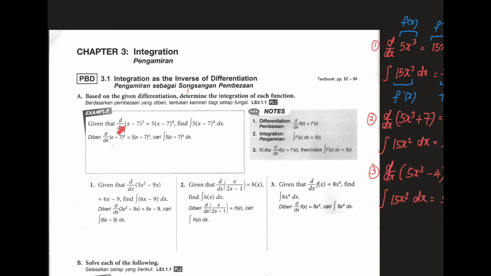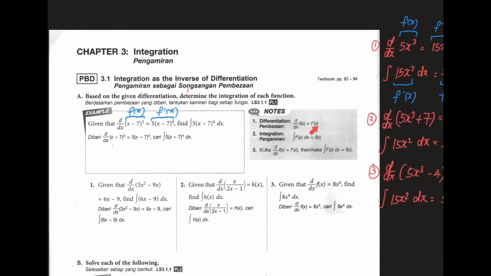So we write back the same answer in this way. This is the chain rule. You differentiate this, then you get this. And we have to know that this is your f(x). After differentiation, this is the f prime of x. Of course you can refer to the notes at the same time. Before you differentiate, we call it f(x).